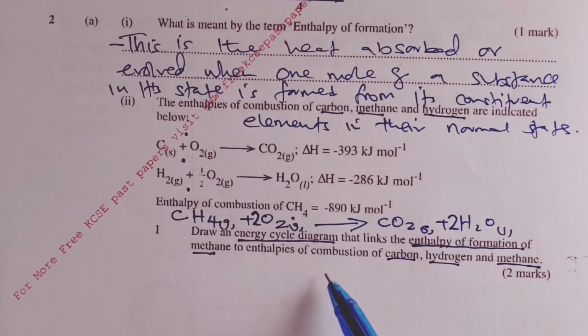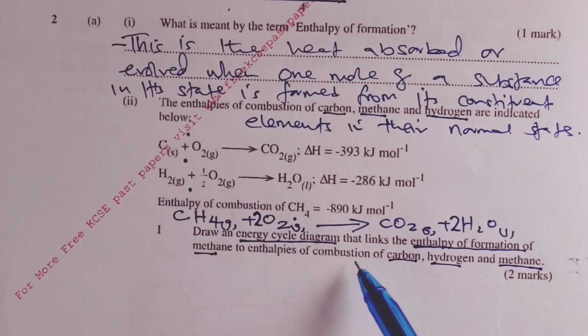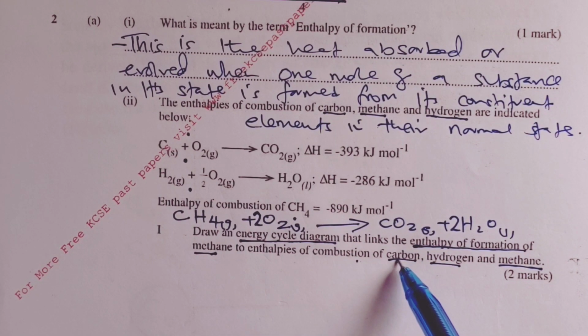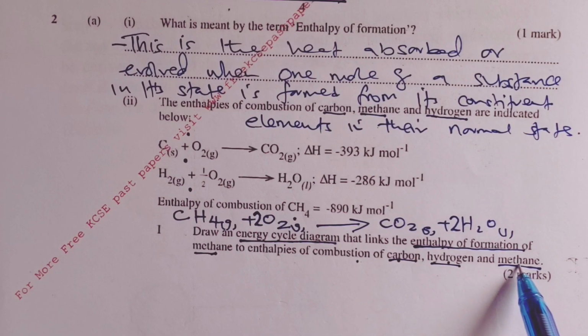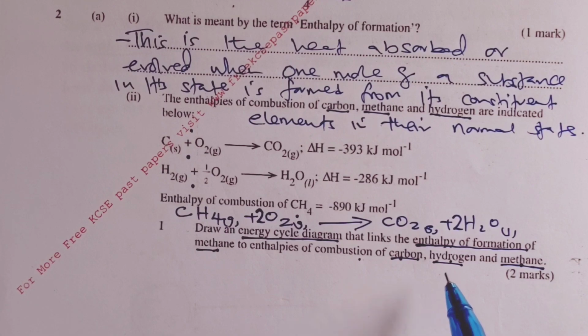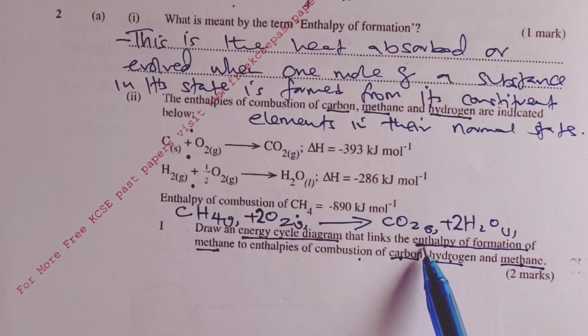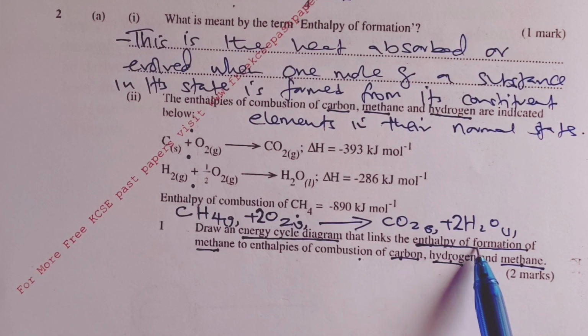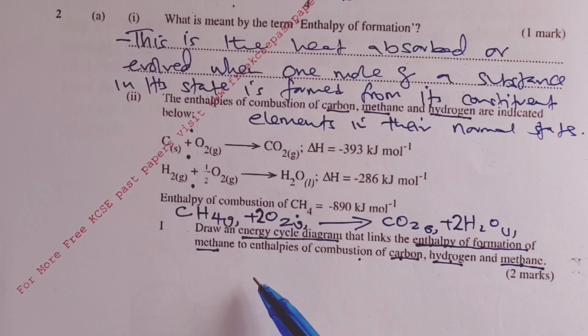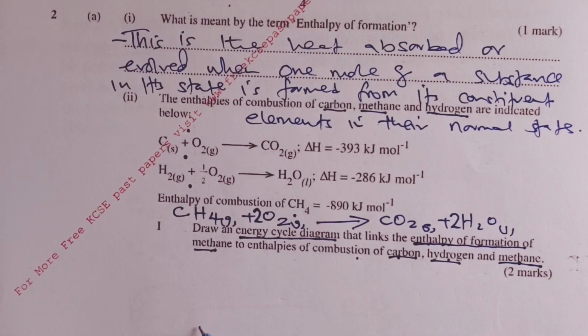So up here we happen to have the enthalpies of combustion of carbon, hydrogen and methane written in equation form, but there is no equation that shows enthalpy of formation of methane. So that is where a candidate was supposed to do some extra work as well.